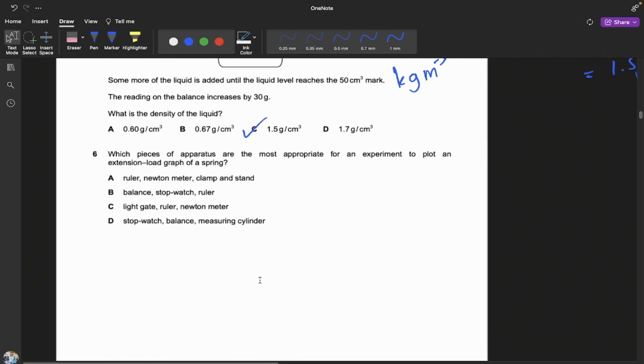Sixth question. Which piece of apparatus is the most appropriate for an experiment to plot an extension-load graph of a spring? As the graph says, you need to measure extension and the load. Load is measured in newtons, so you need some sort of force measuring instrument, like the Newton meter.